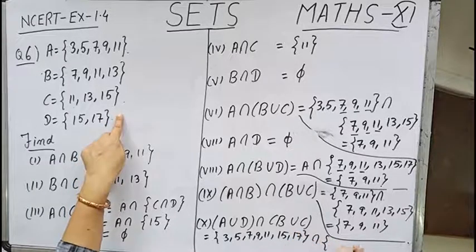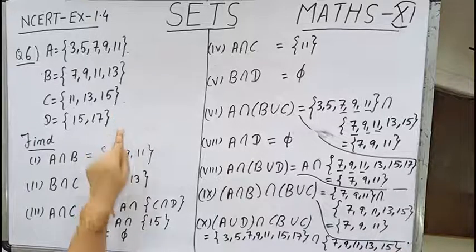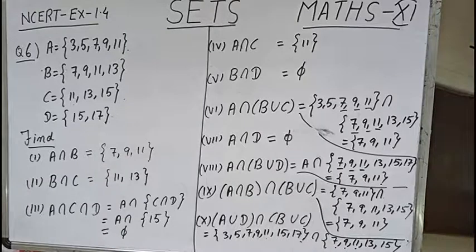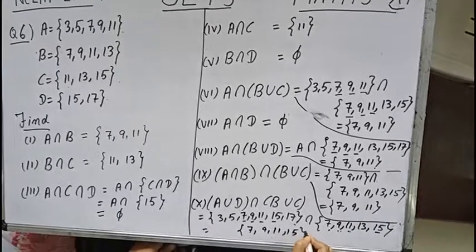Intersection B union C. B union C will be 7, 9, 11, 13 and 15. So their intersection will be the common elements, that is 7, 9, 11 and 15. So the answer will be the set containing 7, 9, 11 and 15.